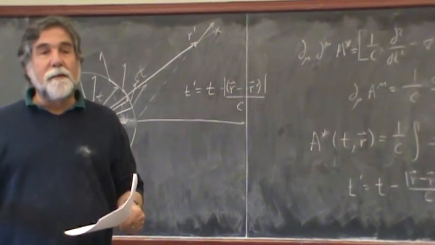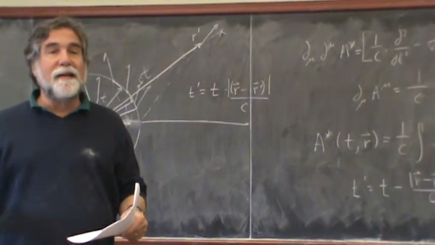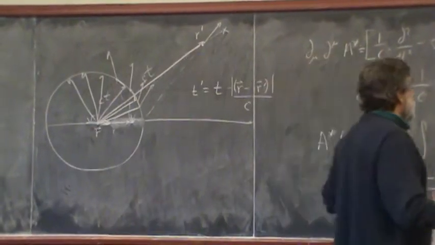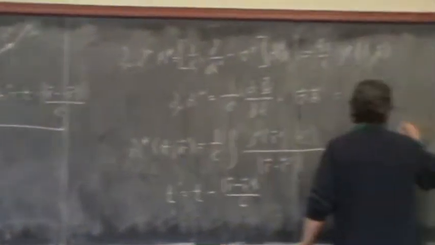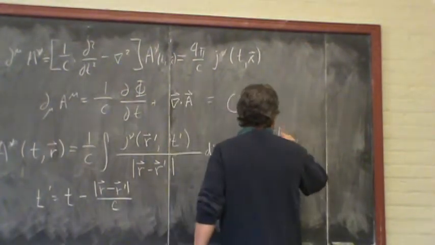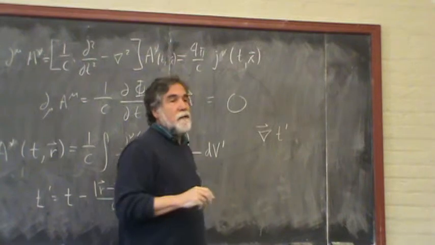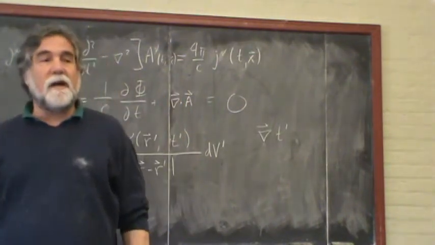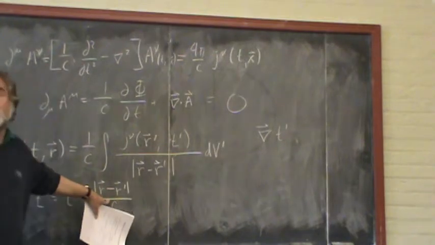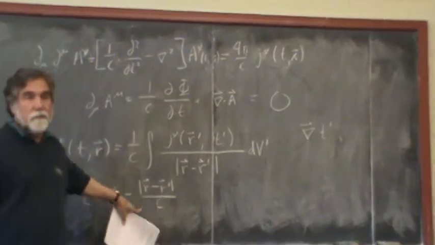Let me say that the primary trick that's involved is paying careful attention to real space gradients. So let's say that's a real space gradient of things like the primed time. Right? So the primed time is related to a real space vector.